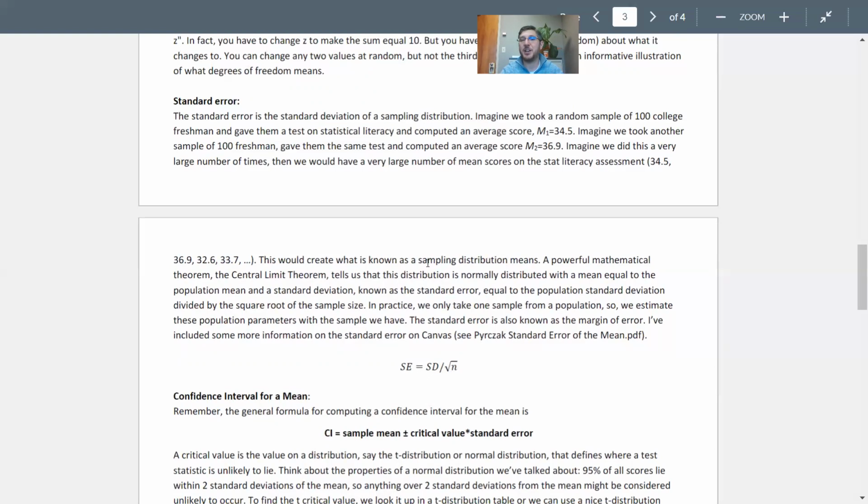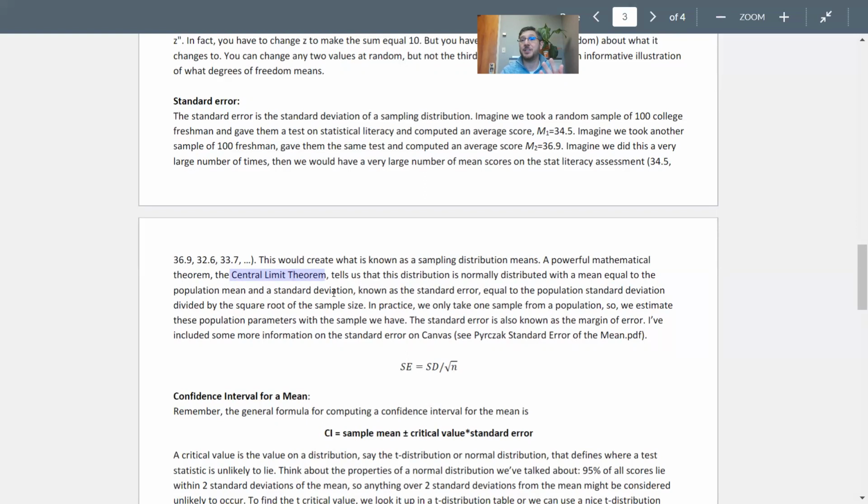These are really theoretical distributions. We don't go around calculating sampling distributions. But we have a powerful mathematical theorem that helps define the properties of these sampling distributions. The central limit theorem tells us that the sampling distribution will approximate a normal distribution.